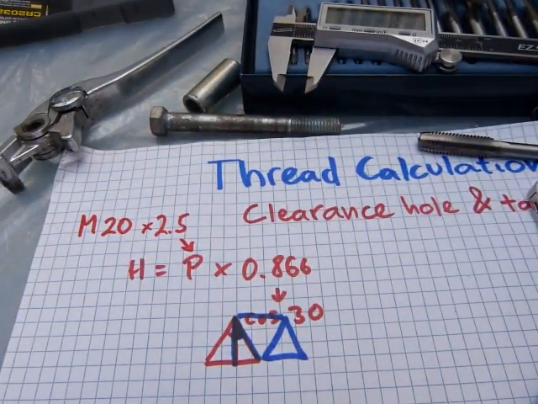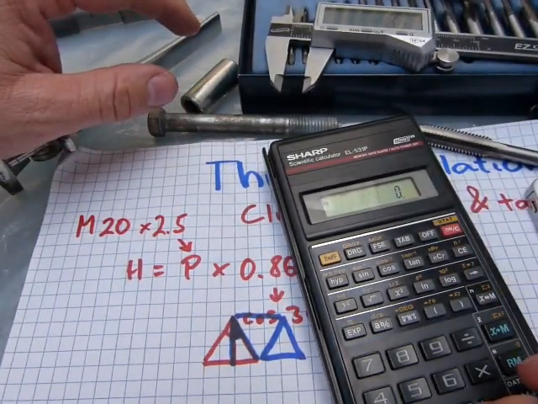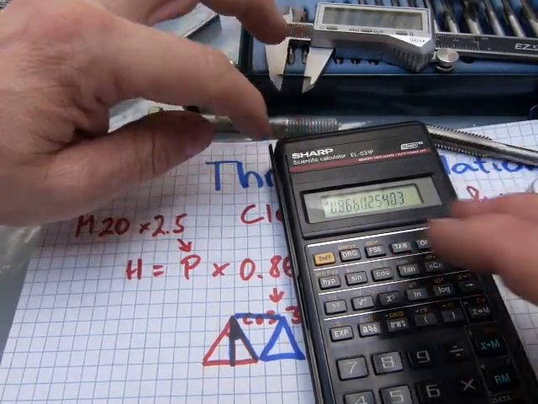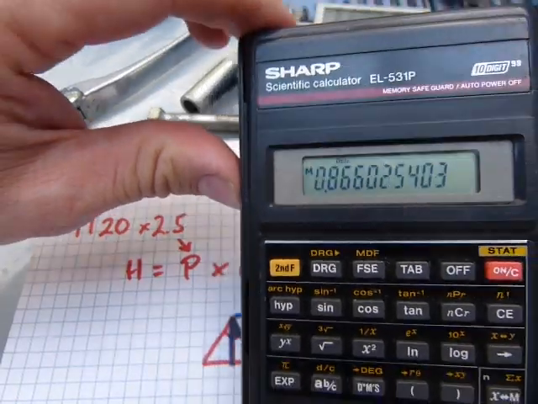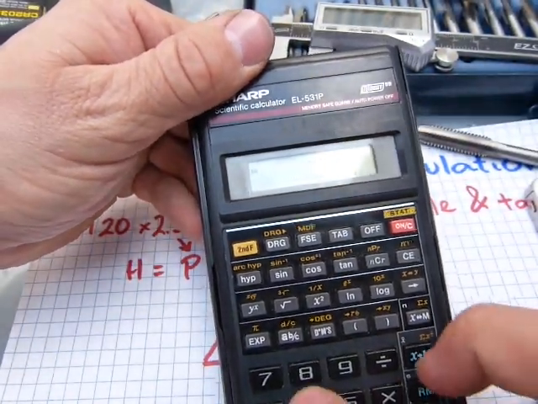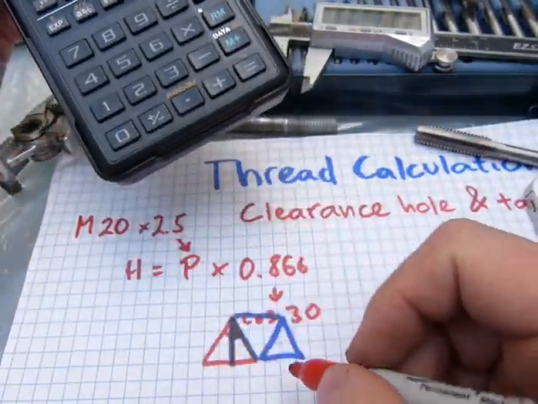So what you need to do is fairly straightforward. You can go 30 cosine, so there is that 0.866 number, and you just times it by the 2.5. 2.16 is your thread height.